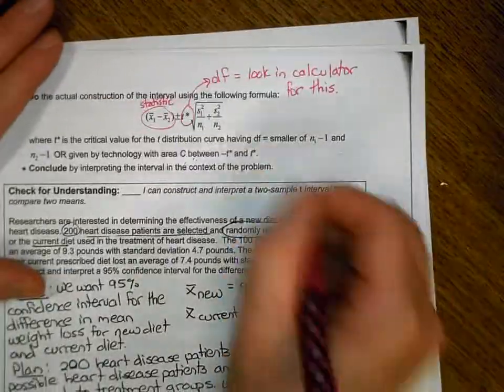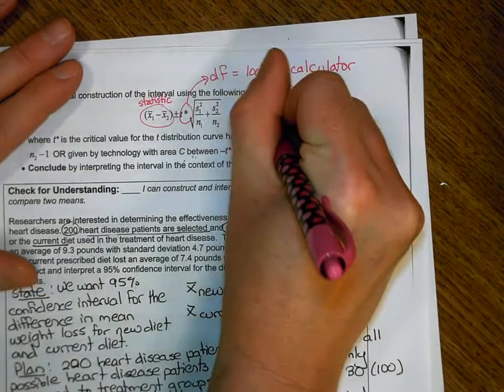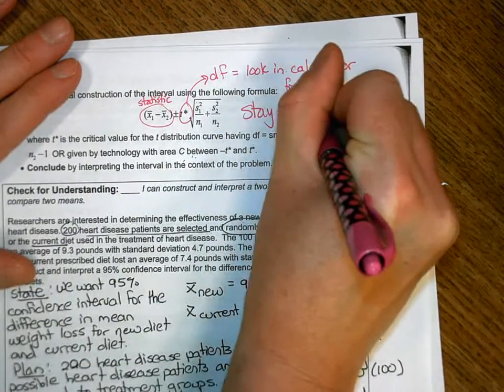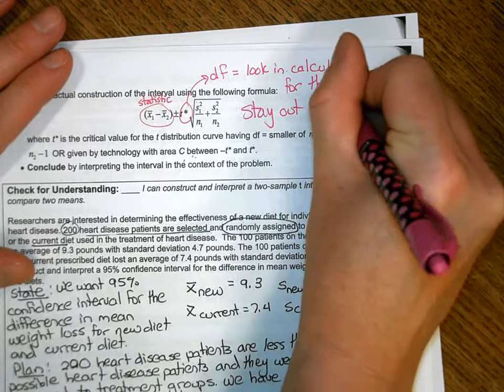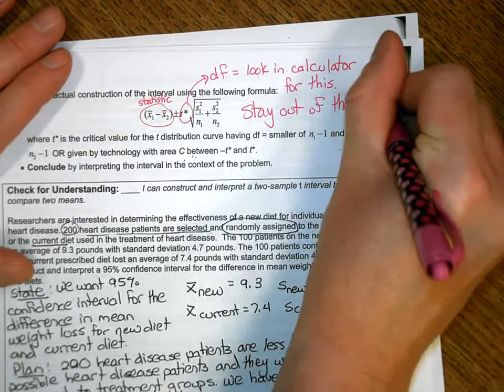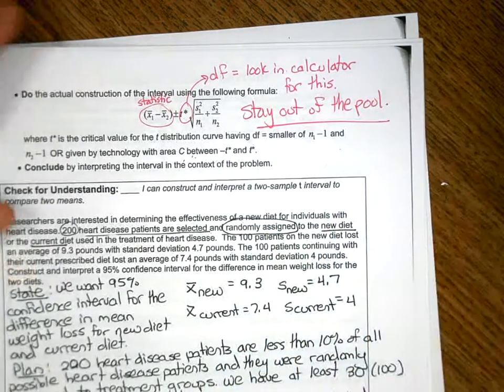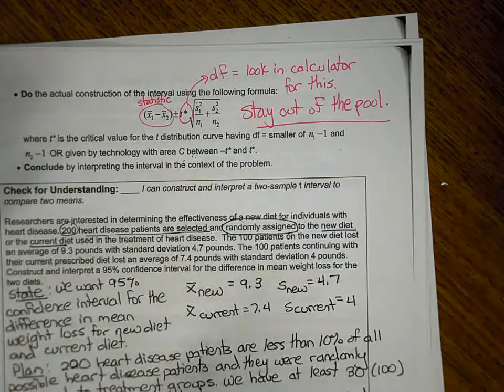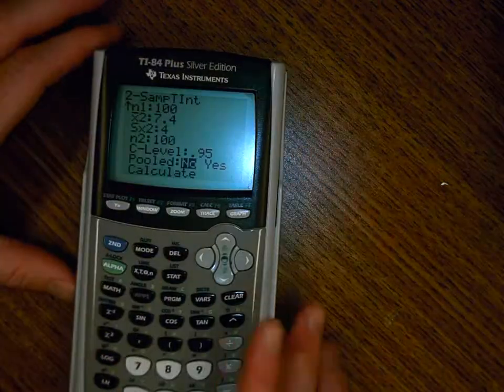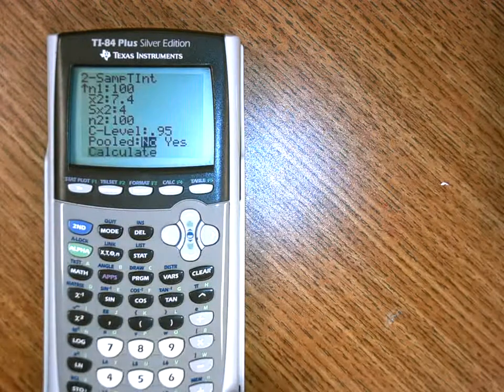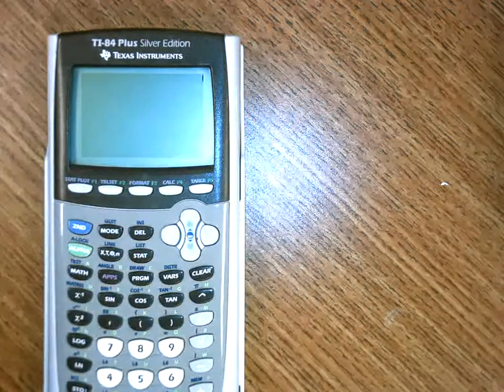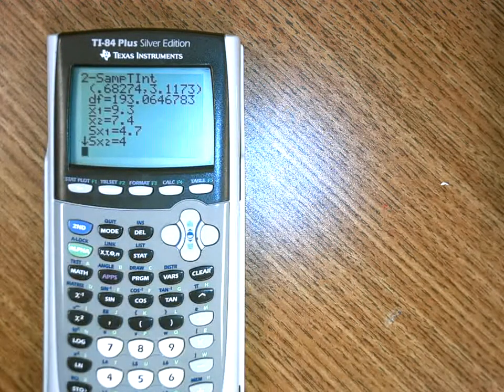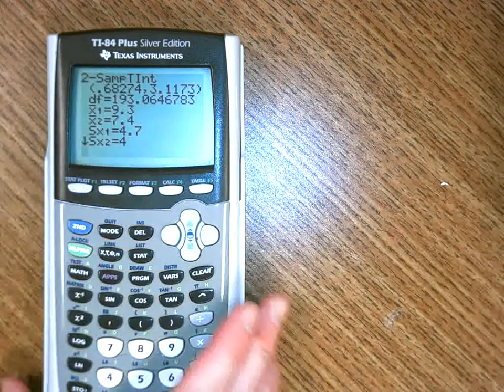Stay out of the pool. Calculate. And there's our information. I'm going to copy it down.